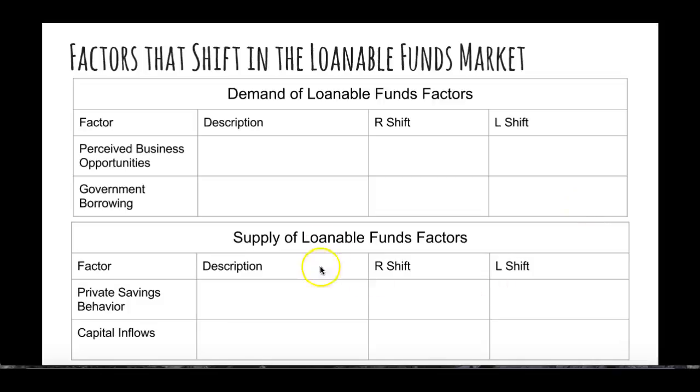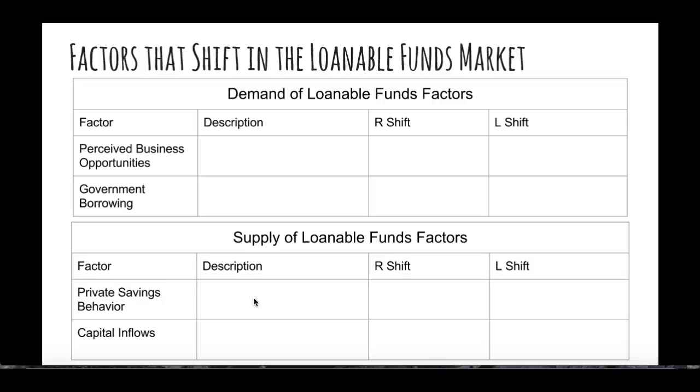The supply of loanable funds, private savings behavior. Private savings can be affected by a lot of different things. Keep in mind, be mindful of any time on the AP test that they are talking about, particularly in some of the free response questions I've seen, something that changes people's savings. So for example, if financial assets increase, they're going to save less.